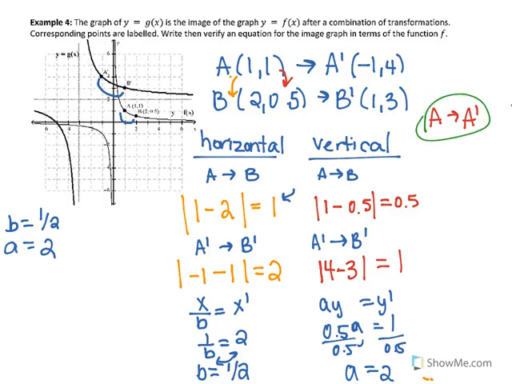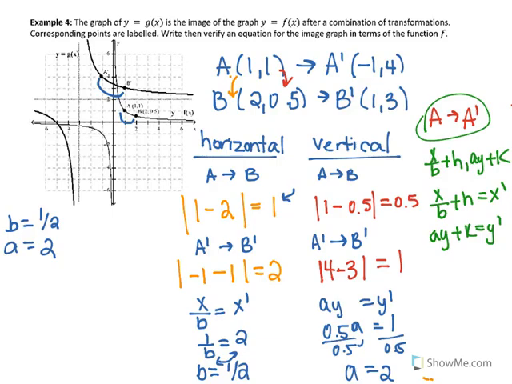So we know that x over b plus h and ay plus k is our new point. So x over b plus h equals x prime, and we know that ay plus k equals y prime.